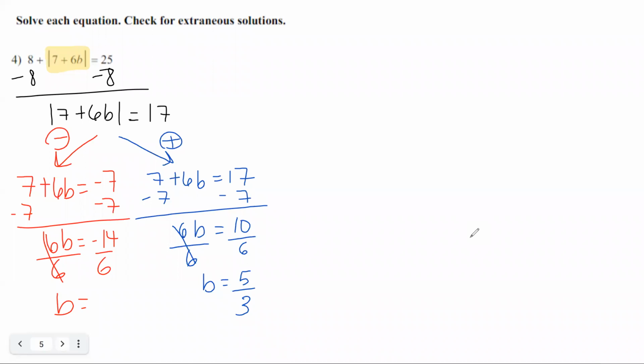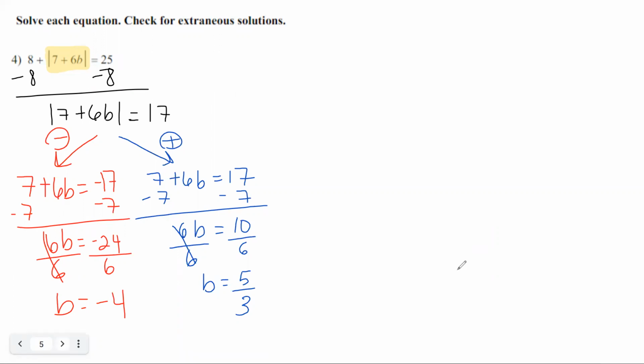Oopsies. This should be negative 17. My bad. So negative 17 minus 7 is negative 24. Oops, that's okay. Negative 24. And we're going to divide negative 24 by 6, and that gives us negative 4.